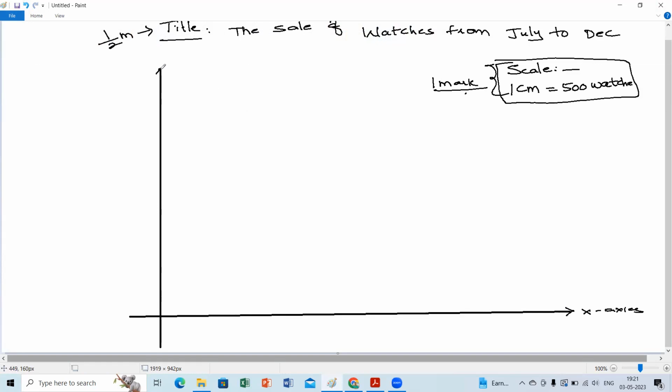The y-axis is a vertical line. The meeting point of x and y is nothing but the origin, which is 0. For drawing the x-axis and y-axis, you get half a mark, children.